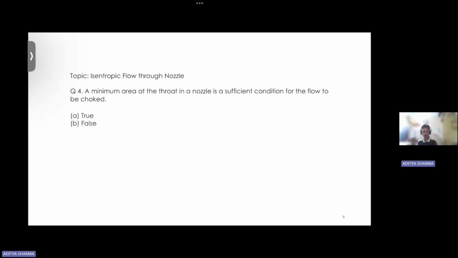Just saying that we have some minimum area and some flow, so it is going to be choked based on area alone, doesn't make sense at all. So B is the answer to this question.